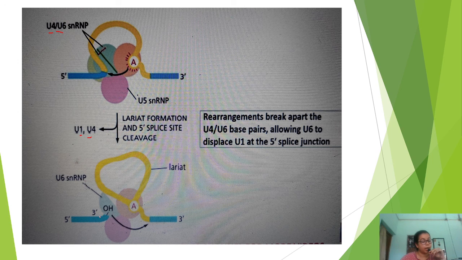Now the 3' OH region of the 5' end will make a nucleophilic attack on the 3' splice site. As a result, the intron will be released. Now the intron is free and the exons are joined.